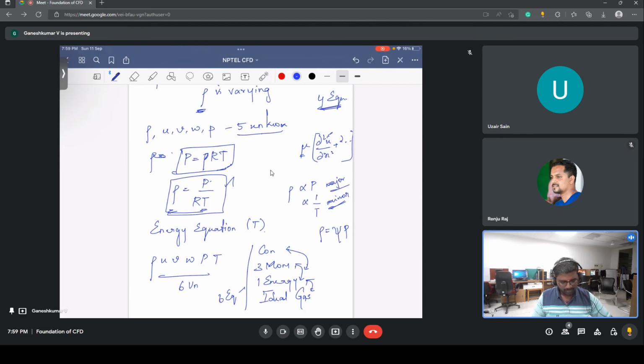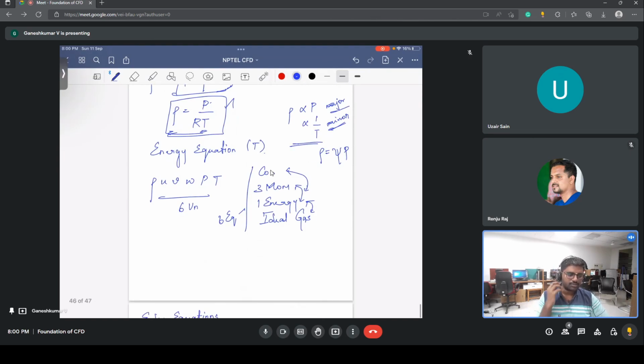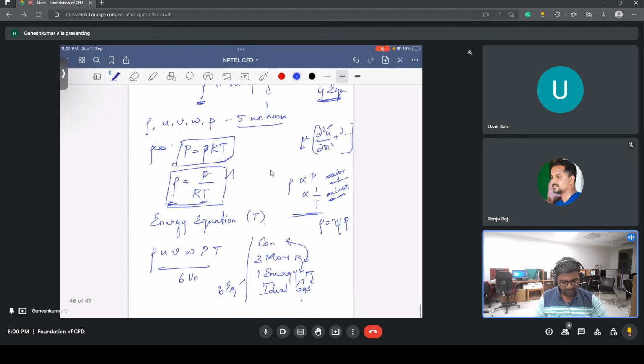Maybe you can go back and look into the textbooks again, but this is for sure: density depends on both pressure and temperature, and it is given by the ideal gas equation, right? These are for compressible gases, let's say for Mach number greater than 0.3. So for compressible gases, the density is dependent on both pressure and temperature.